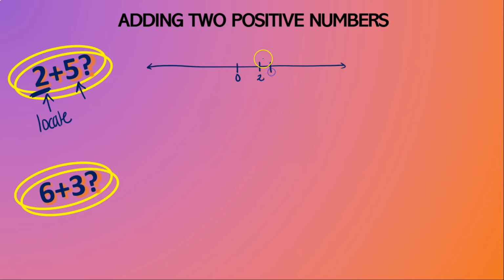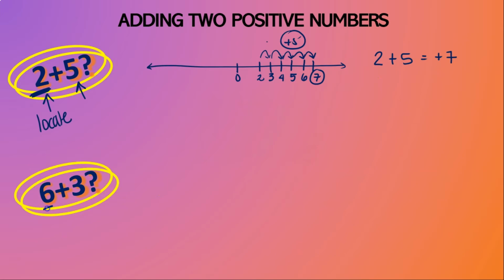So that means 1, 2, 3, 4, and 5. Right? Now we're going to add the numbers. And we're going to find that the answer of 2 plus 5 steps is going to be 7. So that means that 2 plus 5 is going to be plus 7. So that's an easy one to get started.